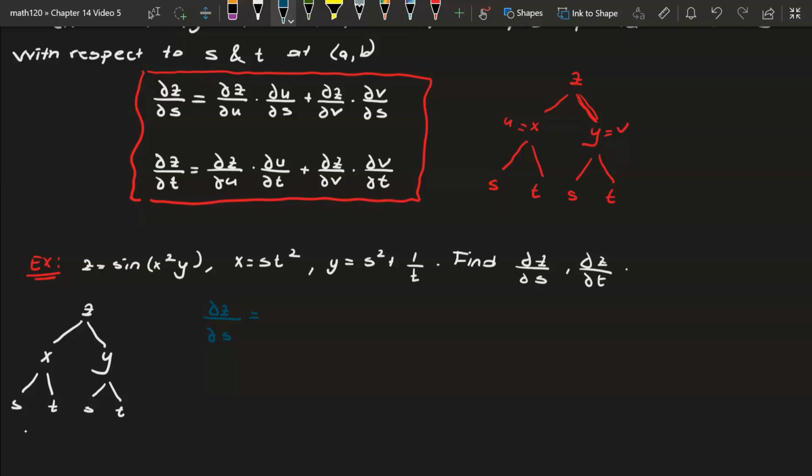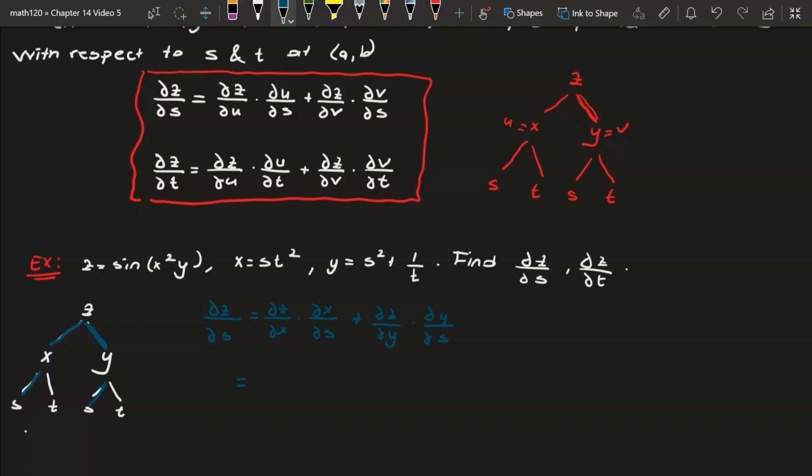To do that, you first take the derivative of z with respect to x times the partial derivative of x with respect to s, del z over del x times del x over del s. This is not the only branch from z to s. We have another one. Plus del z over del y times del y over del s.